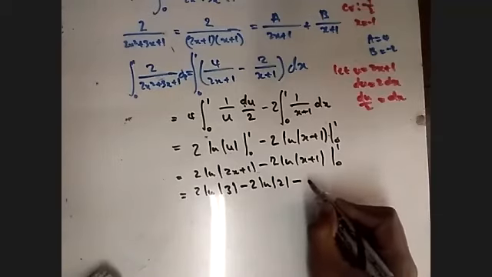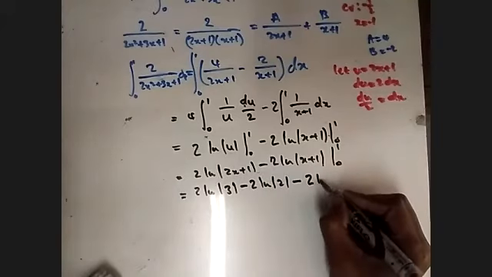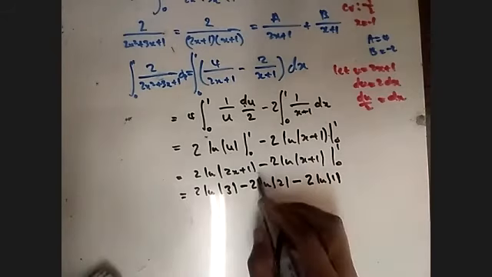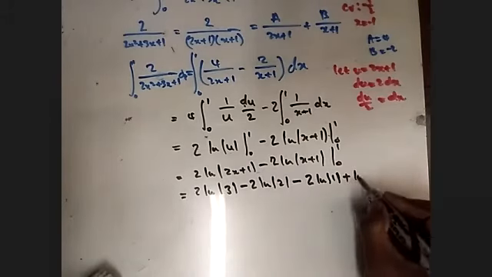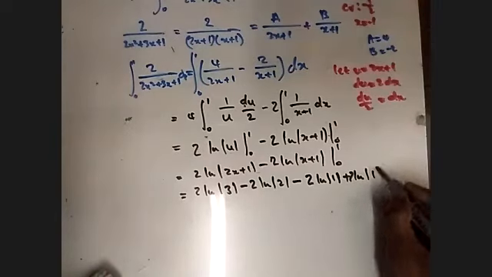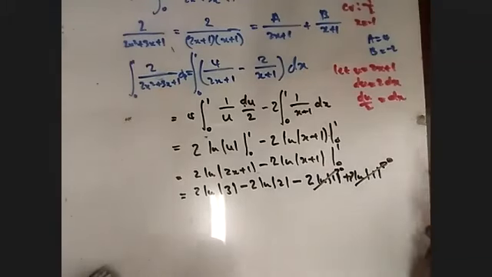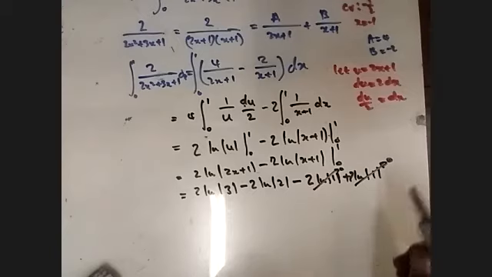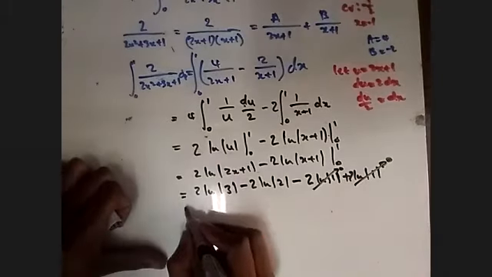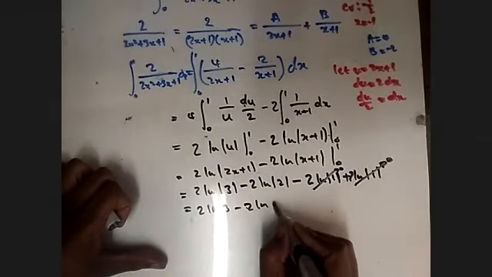Minus, now the bottom limit: 2 ln of 2 times 0 plus 1, which is 1, plus 2 ln of 0 plus 1, which is just 1. And we know ln 1 is 0. You can check it on your calculator. So this becomes 2 ln 3 minus 2 ln 2.